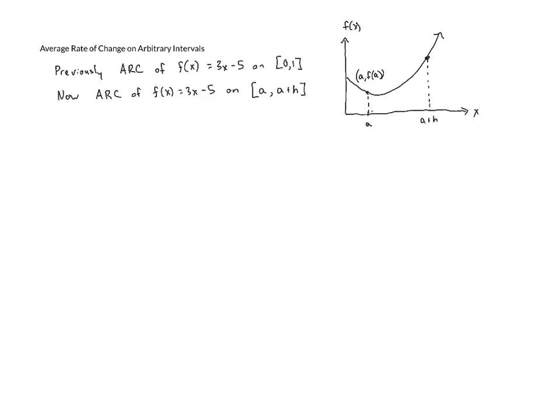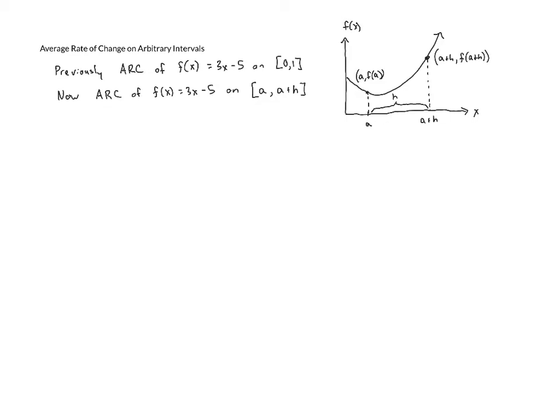And what that means is that we start at a and we move a distance of h units further. So this distance is a, and then we move h units further to a plus h. And then this is going to be the point a plus h, f of a plus h.